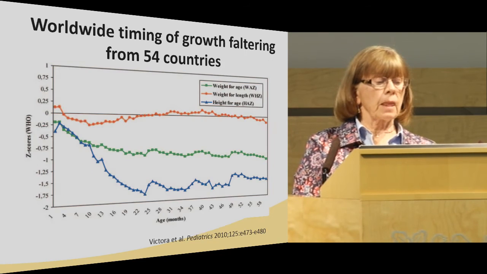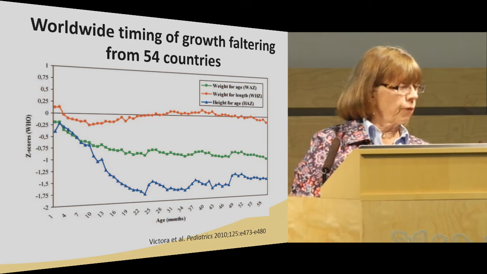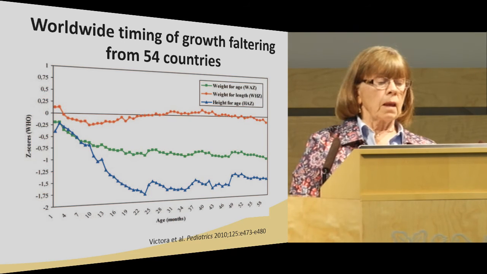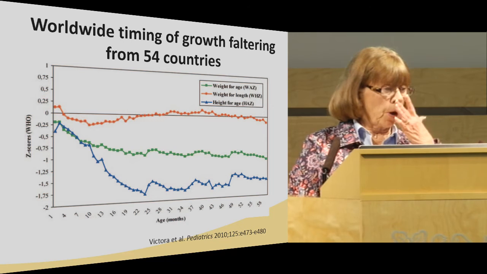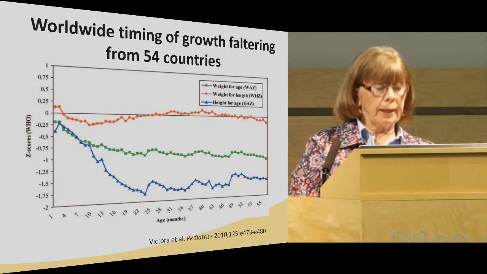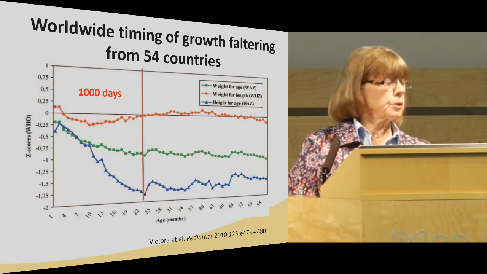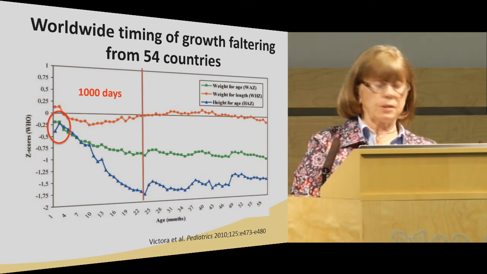So if we look now at when growth faltering occurs, and these are data from 54 countries, the blue line at the bottom represents height. And this represents the first 1,000 days. I'll draw your attention to what happens at birth.